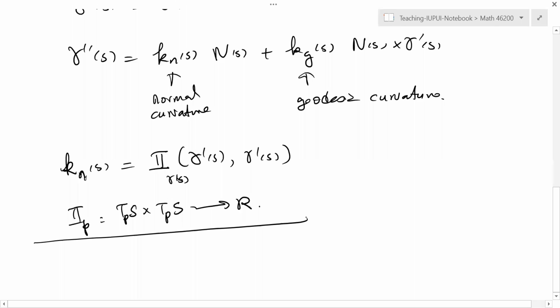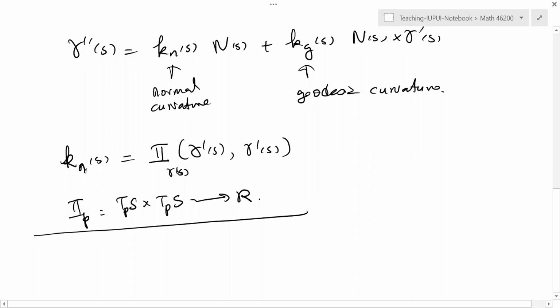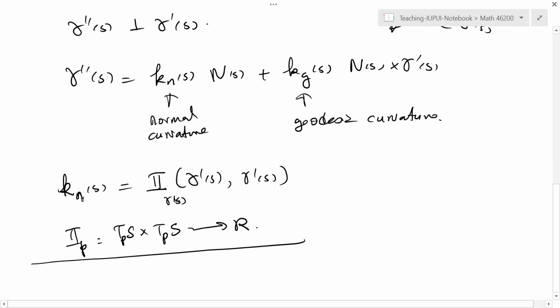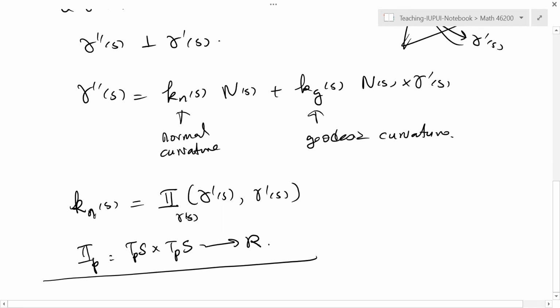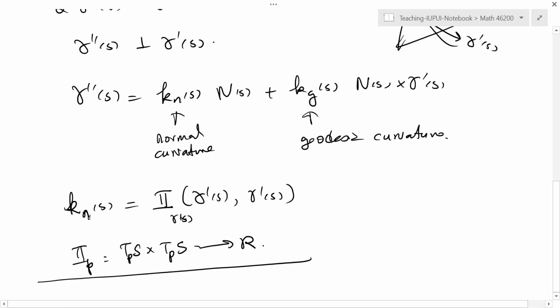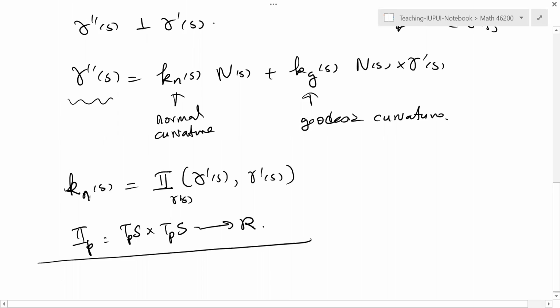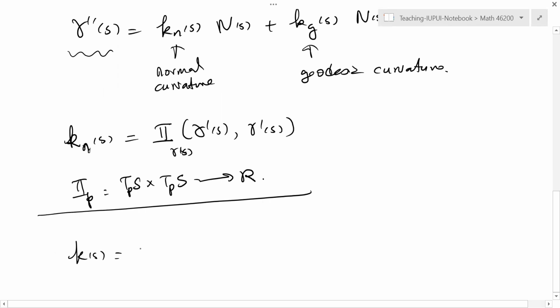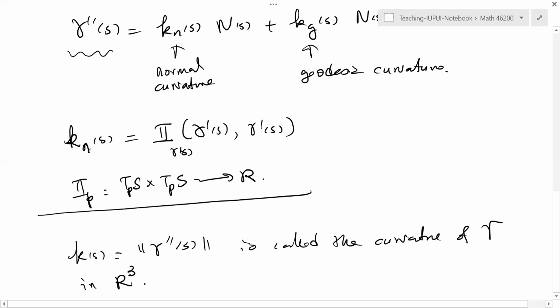Today we're going to focus on the geodesic curvature. If you look at the above identity, and you view the curve in three-dimensional space, then the length of this is called the curvature of gamma in this three-dimensional space.